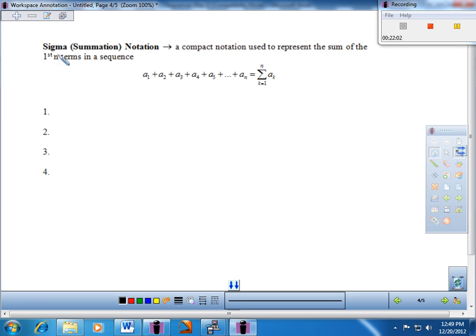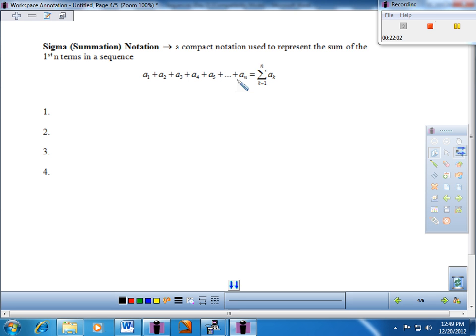Sigma for the Greek letter sigma that's used. And so just try to take a look at this. We'll see if we can translate what's on your paper here. But basically, I would have the value of all these terms in a sequence. And very simply, I would want to add them together. So this is the sum of those values in a sequence.